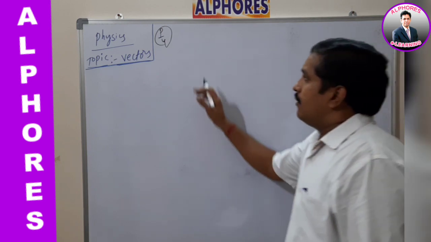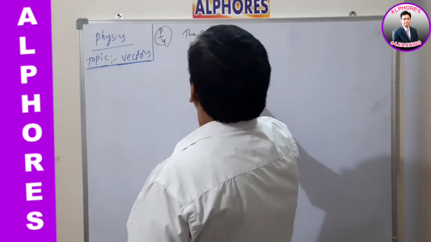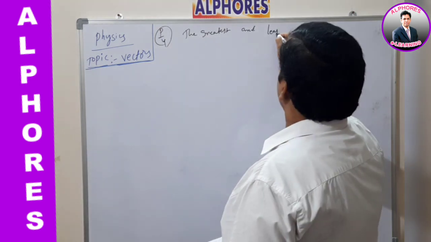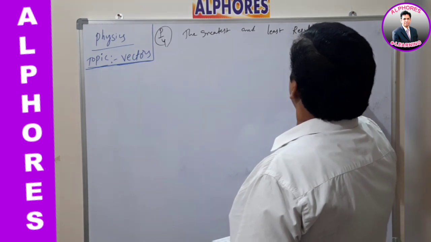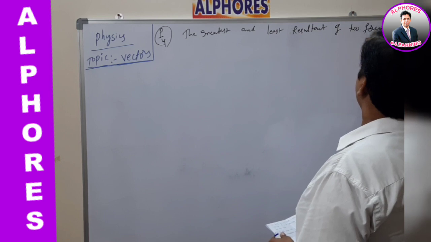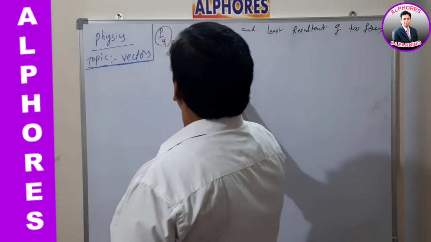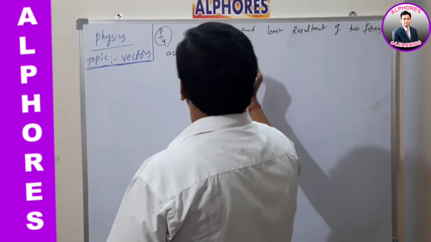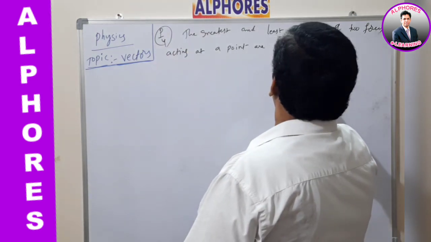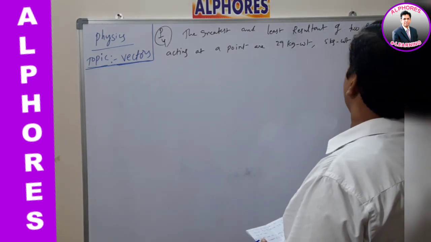Next one. Write down this one. The greatest and least resultant of two forces acting at a point are 29 kg weight and 5 kg weight respectively.